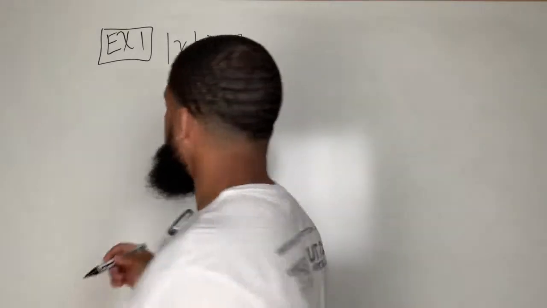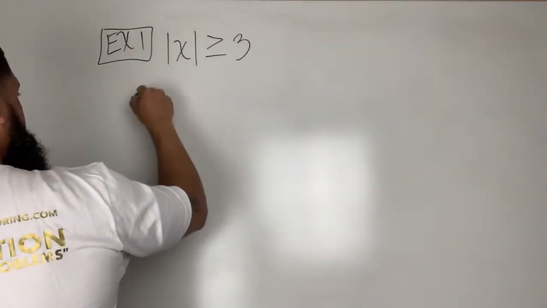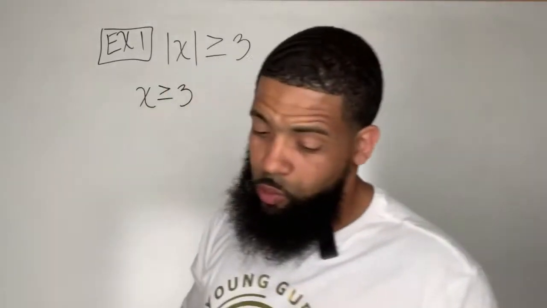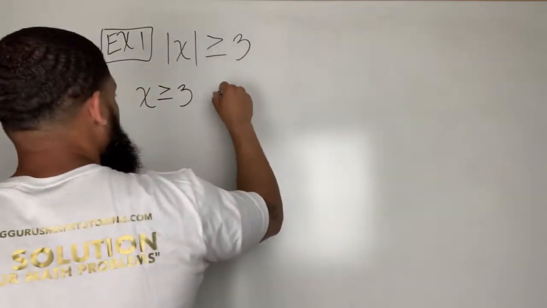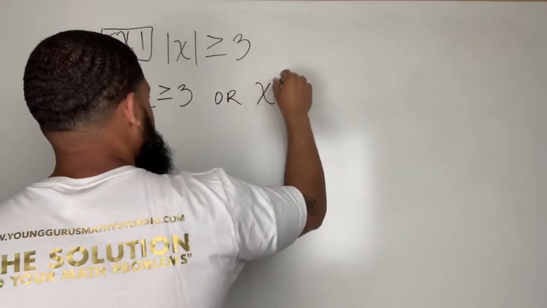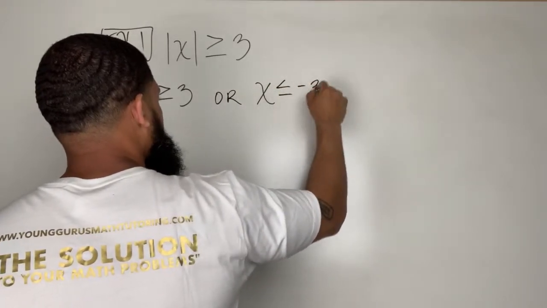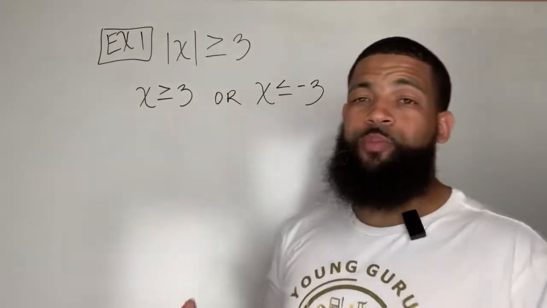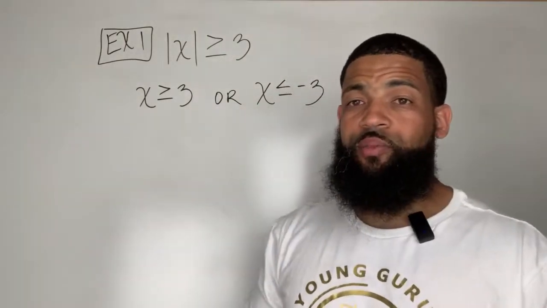The first thing we need to do is say x is greater than or equal to 3, and then we also need to say or x is less than or equal to -3. We have to approach it from both sides because absolute value is the distance from 0.